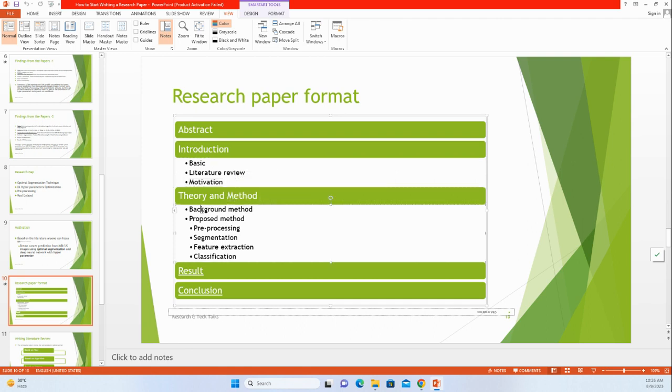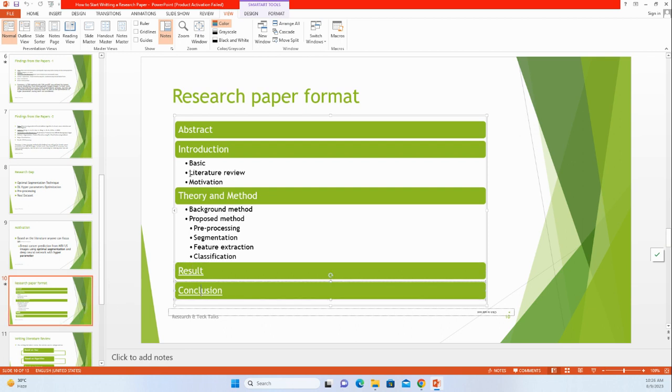If you need a background method, then you have to analyze, then write the proposed methodology that may contain pre-processing, segmentation, feature extraction, classification. This one is mainly based on cancer detection, but if you want to write in any other field, you can write it based on your own. Finally, the result and conclusion.